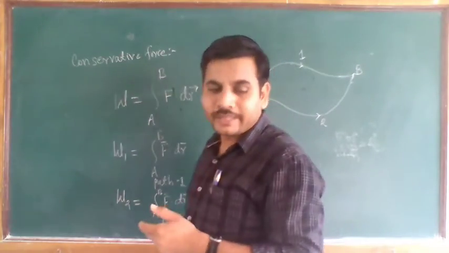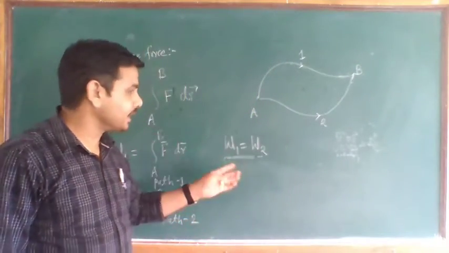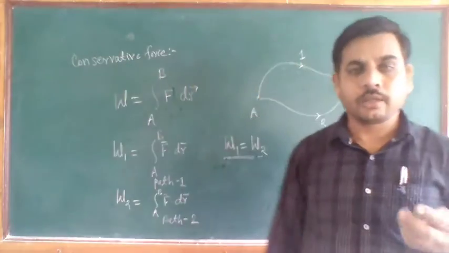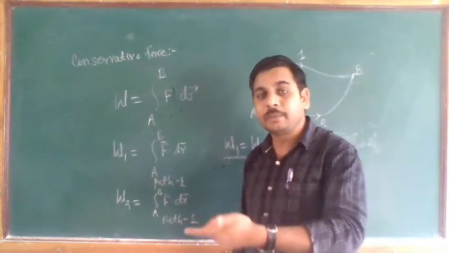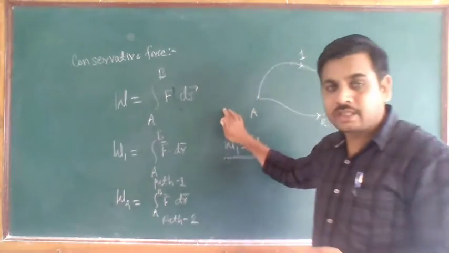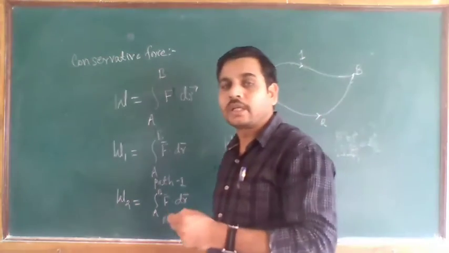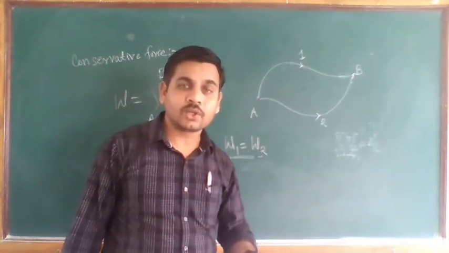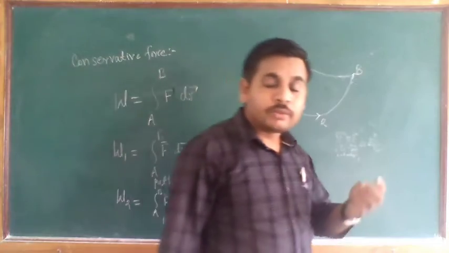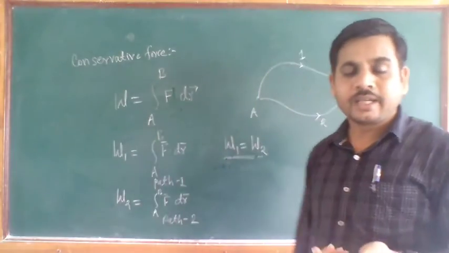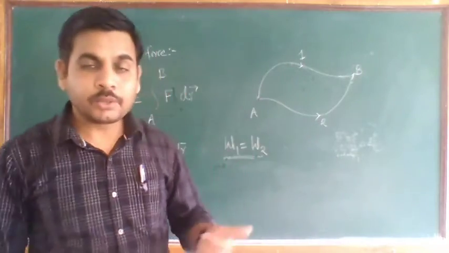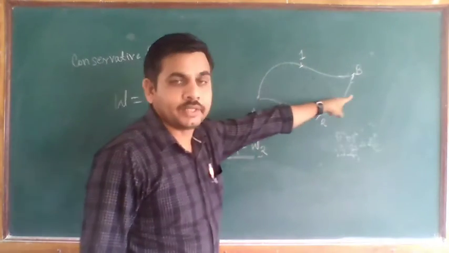One more thing: in this case the work done on that particle, if you apply the force in the conservative field, this work done is independent of the path. The path followed by that particle is between these two end points.